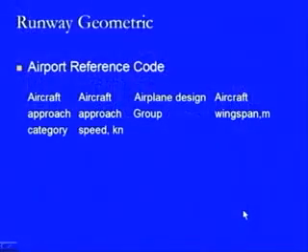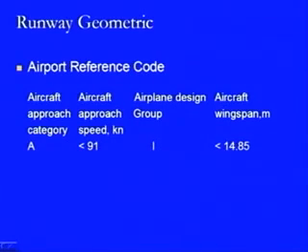Here we are looking at the correlation between the different categories. We have the aircraft approach category, the aircraft approach speed in kiloknots, the airplane design group, and the aircraft wingspan in meters.